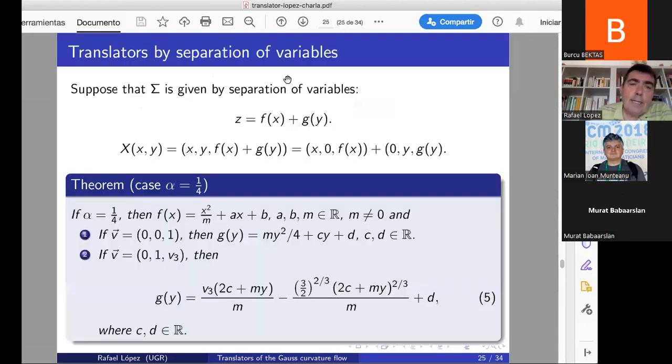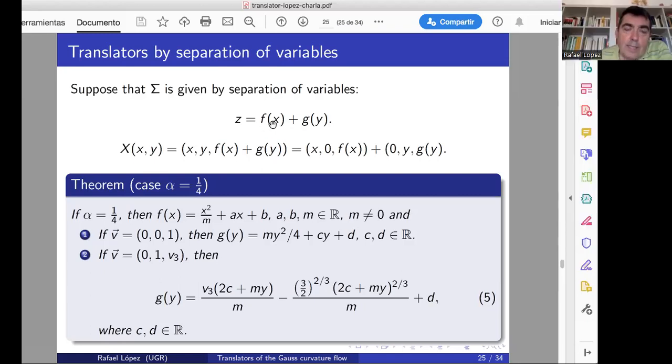The third type of example is to find examples by separation of variables. The idea is, okay, the equation is of partial differential type. It's difficult to solve, okay? But we try to find the function as the sum of one function depending on x plus another function depending on y, okay?